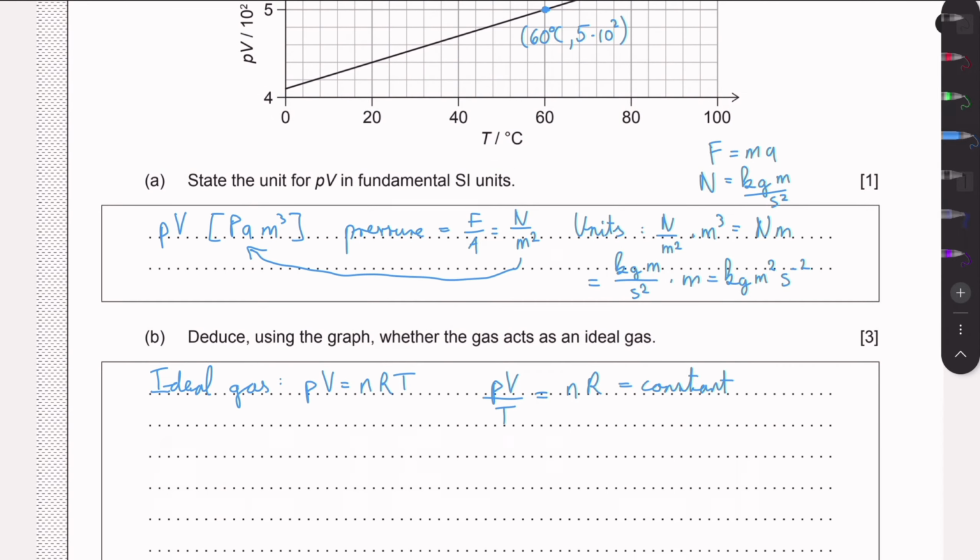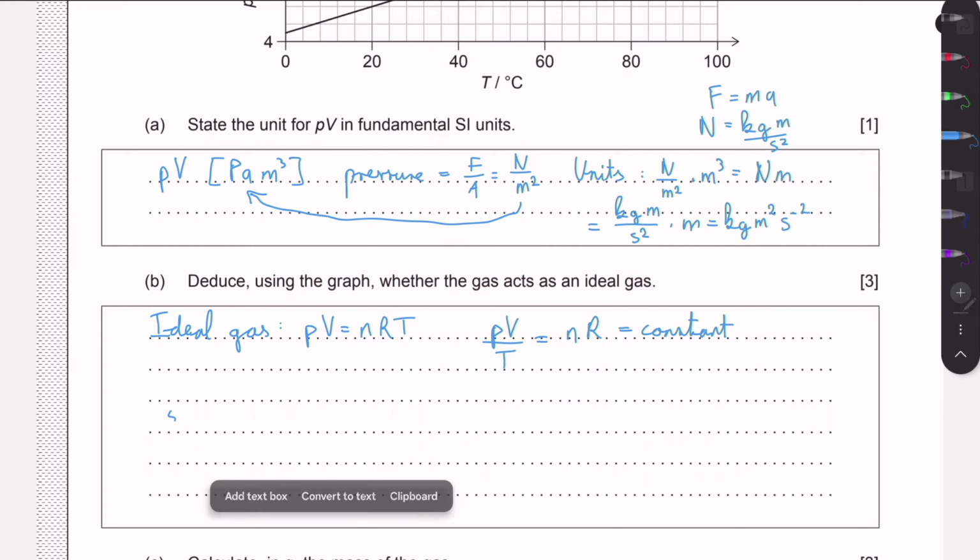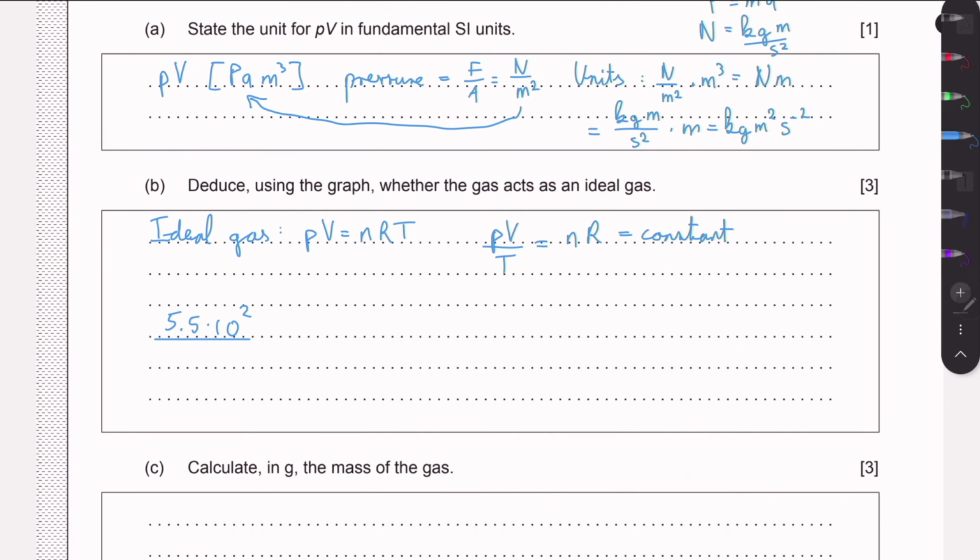For the first point, we had 5 times 10 to the 2 divided by 60. The only thing is that the ideal gas equation is only true for SI units, and the SI unit for temperature is Kelvin. So we need to add 273 to it, and this will be 1.5.